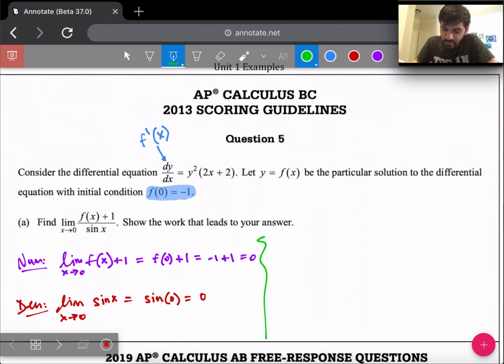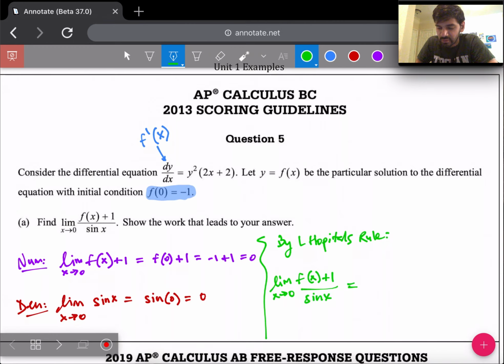So over off to the side now, I'm going to put by L'Hopital's rule, I'm going to rewrite the original limit again. That's my starting point. The limit as x approaches 0 of f of x plus 1 over sine of x. So now by L'Hopital's rule, I've shown this already, 0 over 0. Now what I need to do is set this equal to, and I can now start taking the derivatives of the numerator and the denominator.